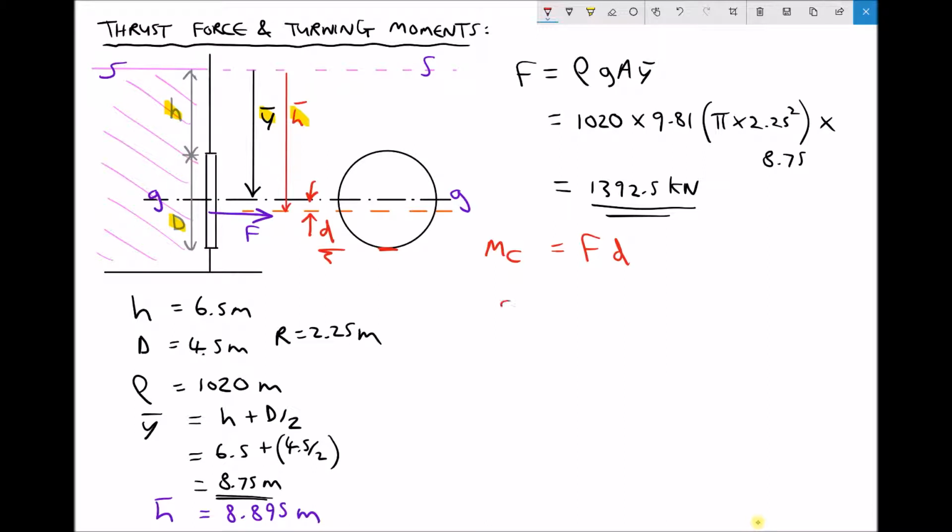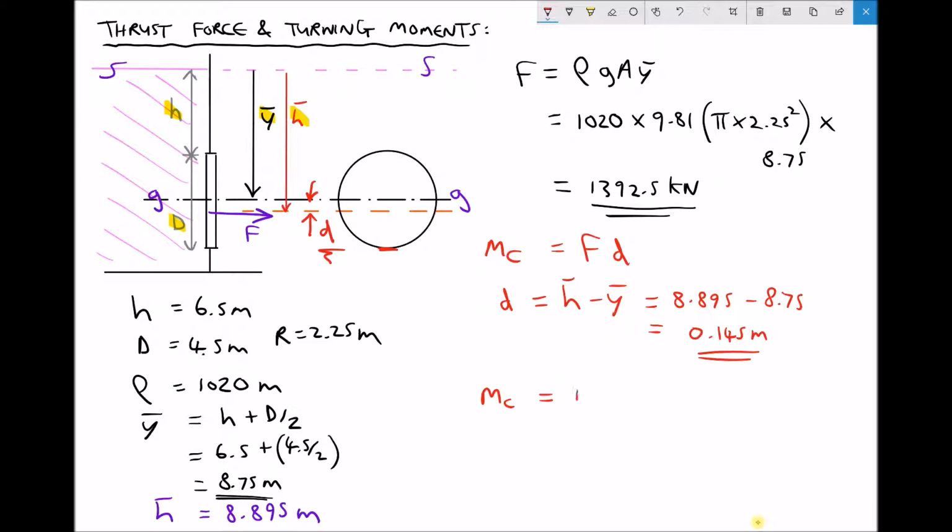Well, this small distance, using the free surface as our reference, is just h bar minus y bar. Therefore, we have 8.895 minus 8.75, giving us a value of 0.145. So finally, we can calculate the turning moment about the centroid.